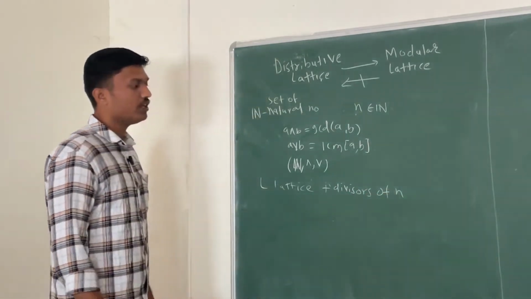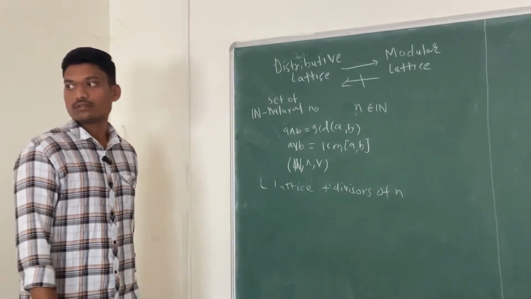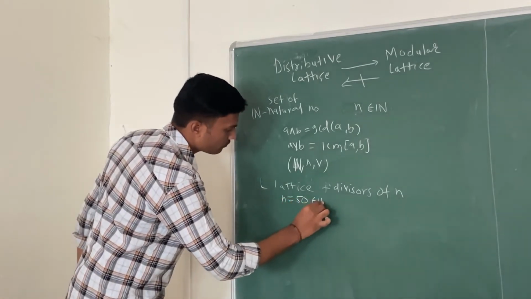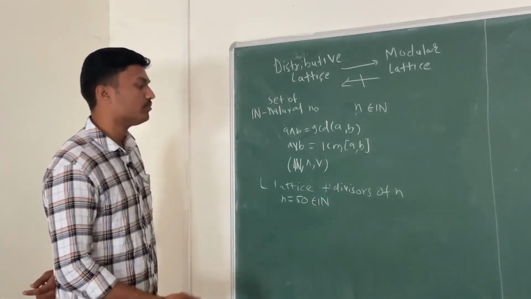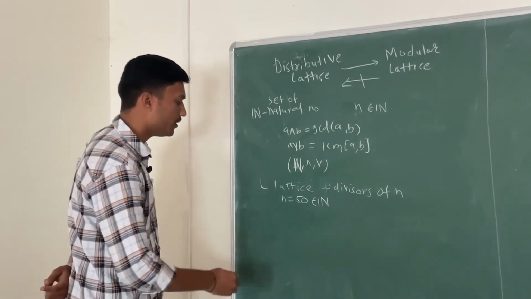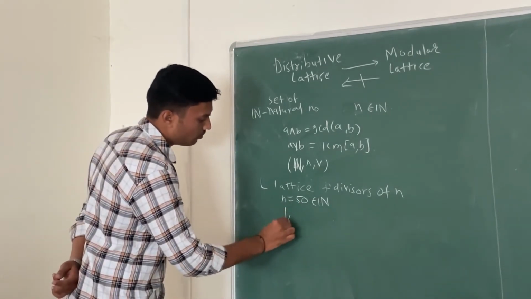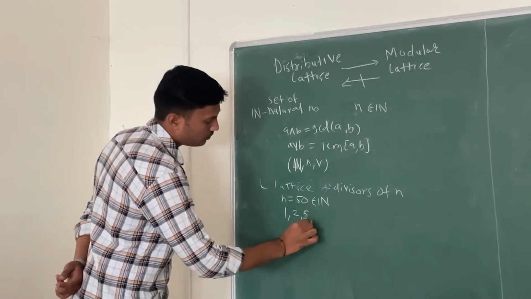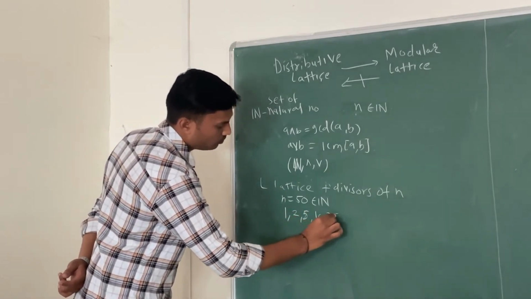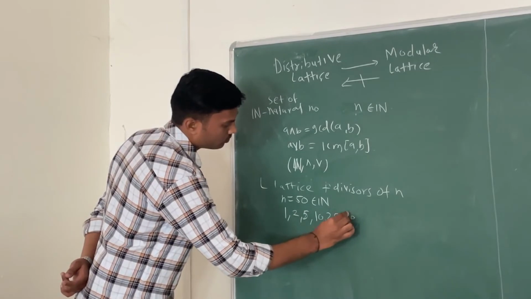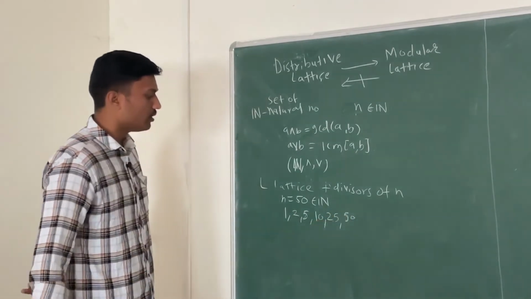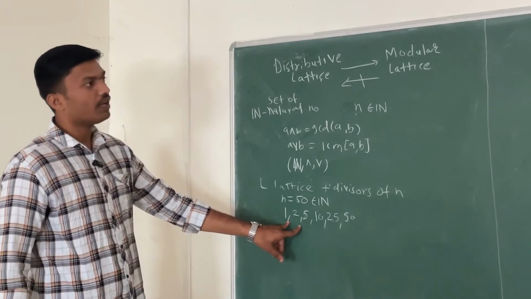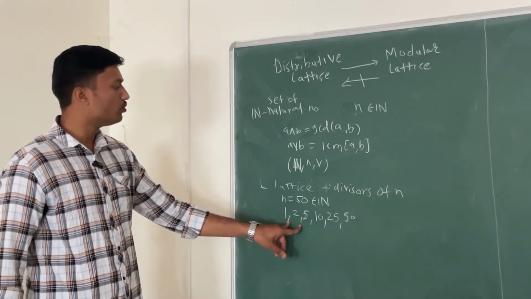If we choose n equal to 50, then positive divisors of 50 are 1, 2, 5, 10, 25. Then we can choose any 3 elements and show that it is a distributive lattice.